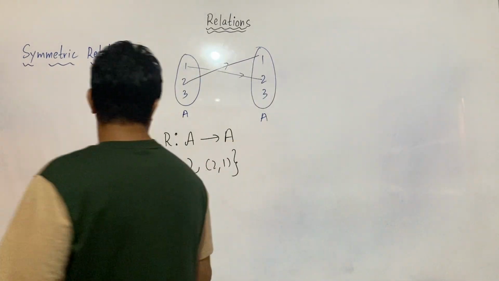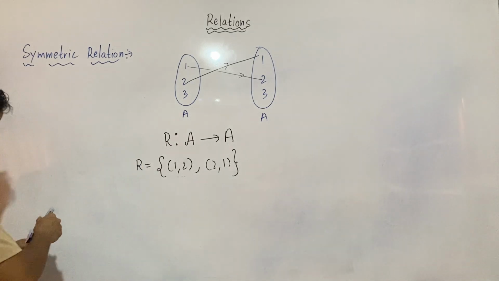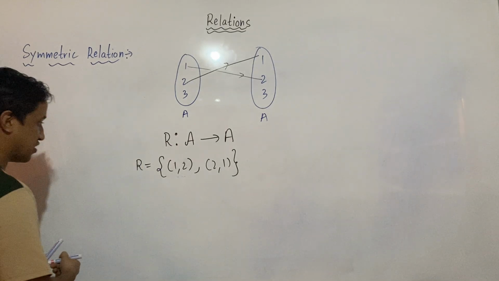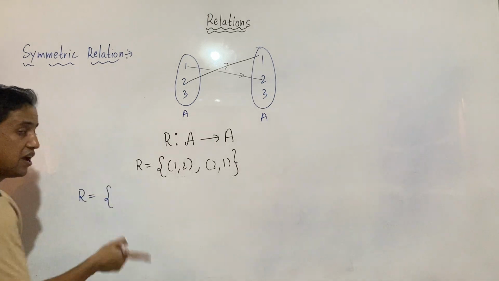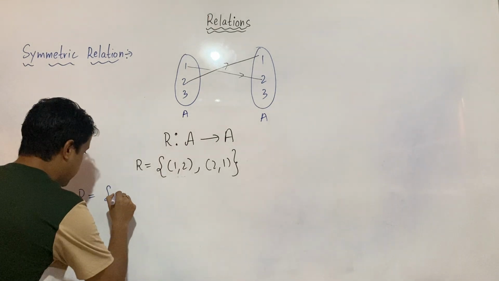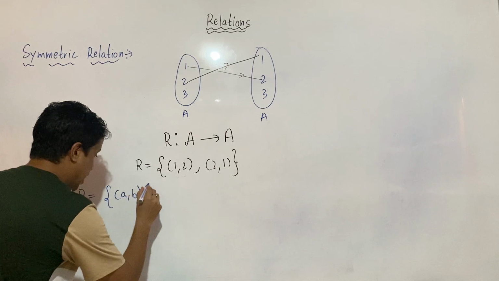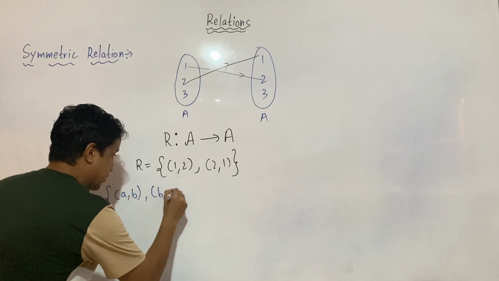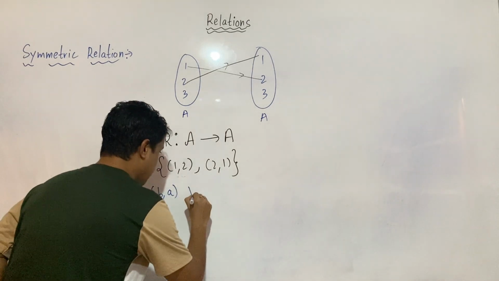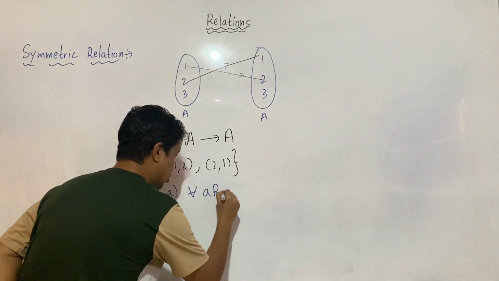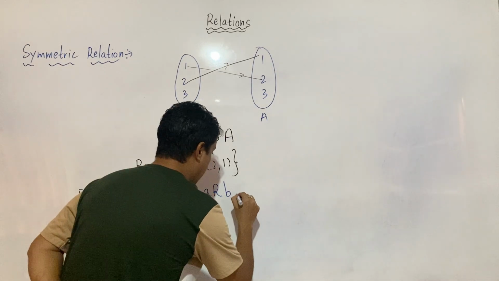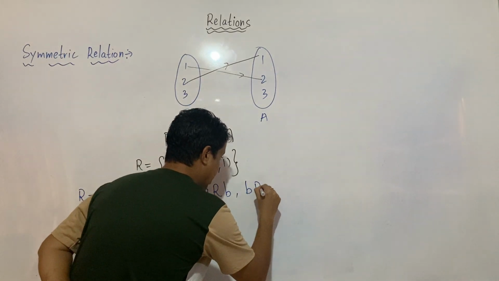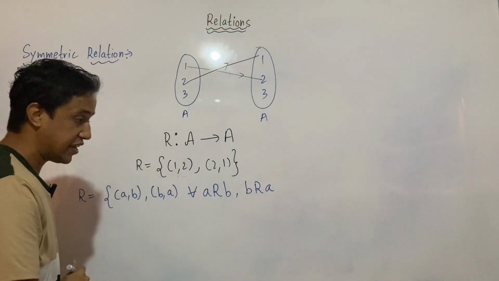Okay, so in other words, in mathematical language, I can say that a given relation R is said to be the symmetric relation if for all A related to B, we have B related to A, right?